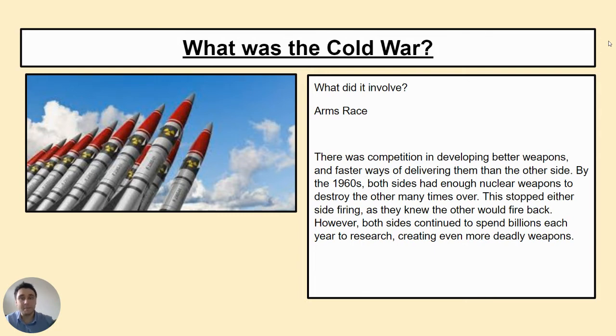This was called the MAD theory, or mutually assured destruction. Mutually, both; assured, it will happen; destruction, death. Both of you will die if you fire any missiles. However, this did not stop both sides from continuing to spend billions each year to research even more deadly weapons.